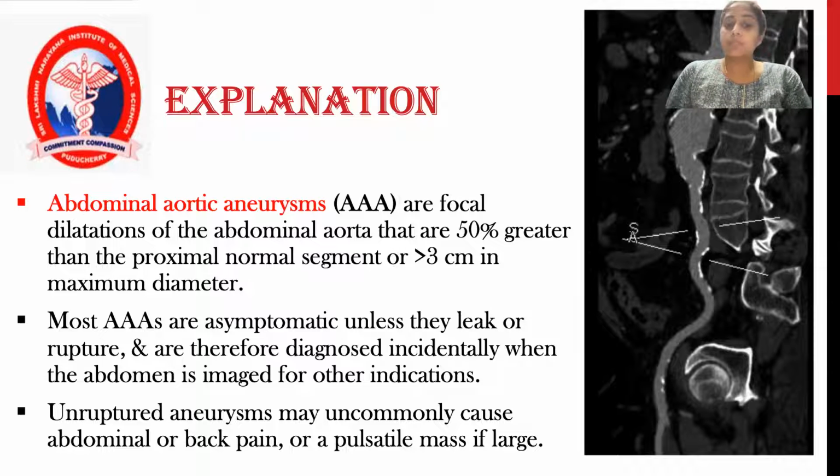Most are asymptomatic unless they leak or rupture, and are therefore diagnosed incidentally when the abdomen is imaged for other indications. Unruptured aneurysms may commonly cause abdominal or back pain, or a pulsatile mass if they are large.